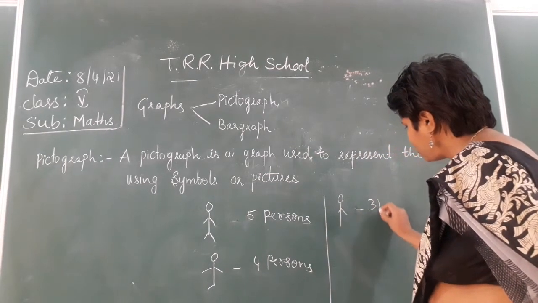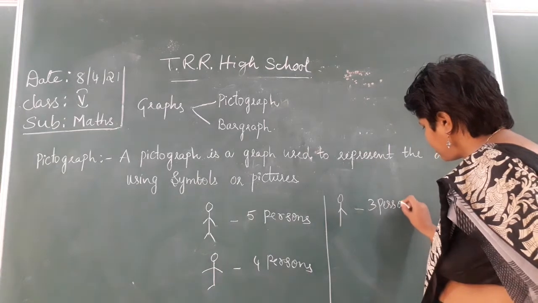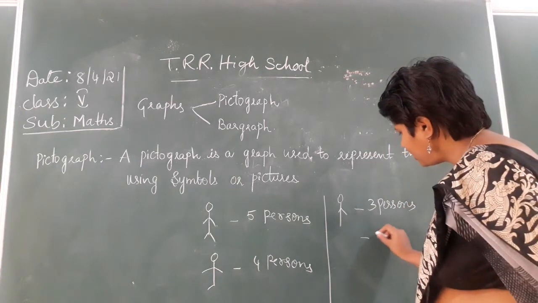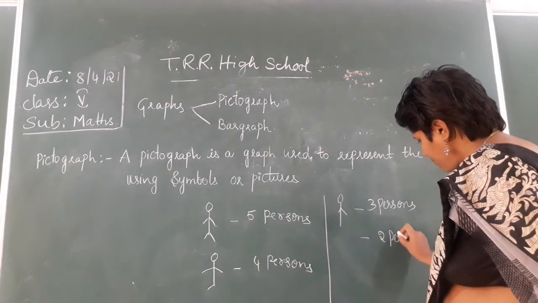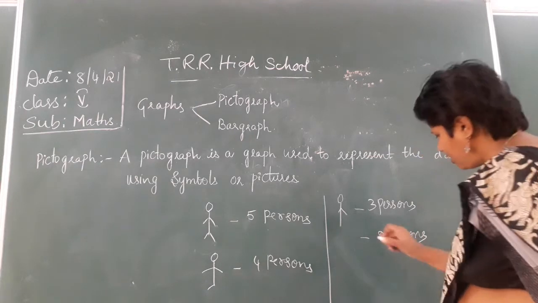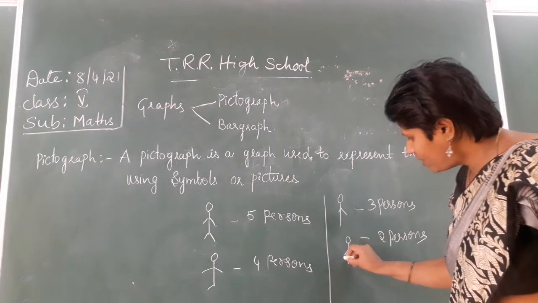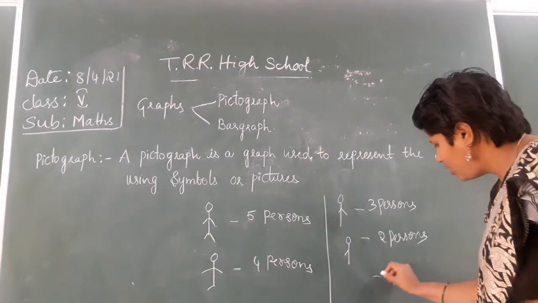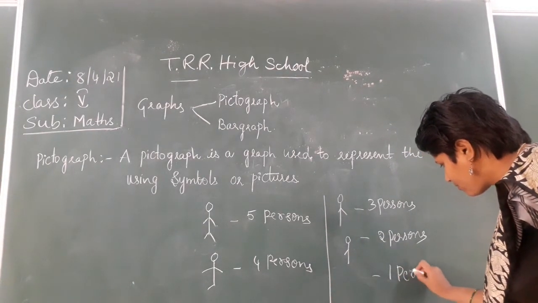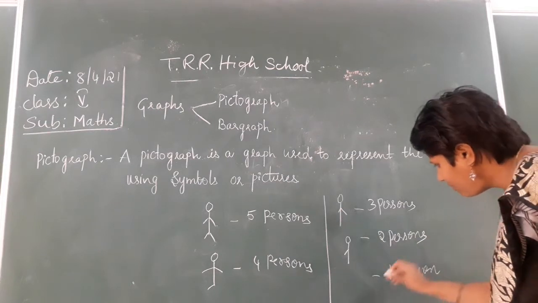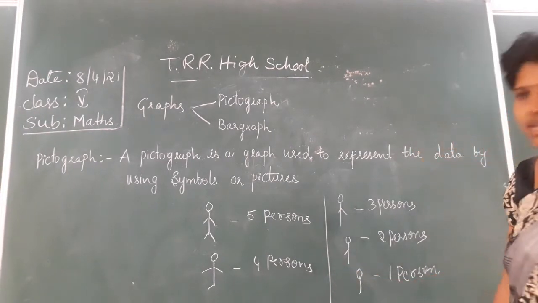So this indicates only 3 persons. Only 2 persons I want. Then the head will be there and only one hand will be there. If only one person, then only the head will be there.